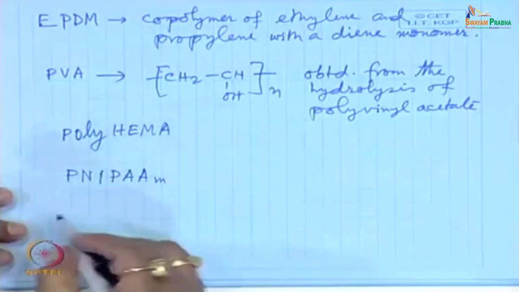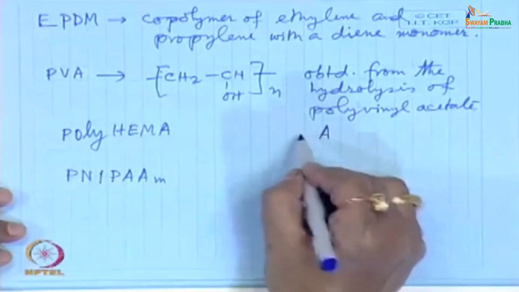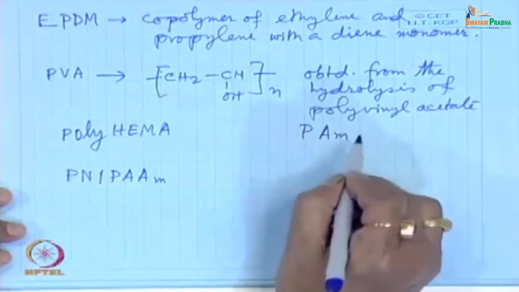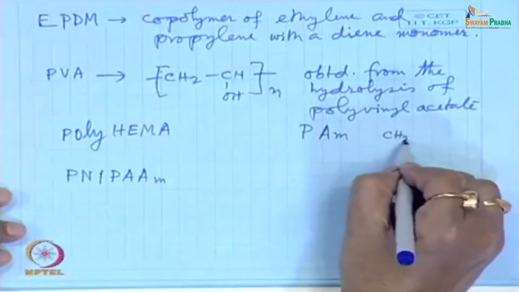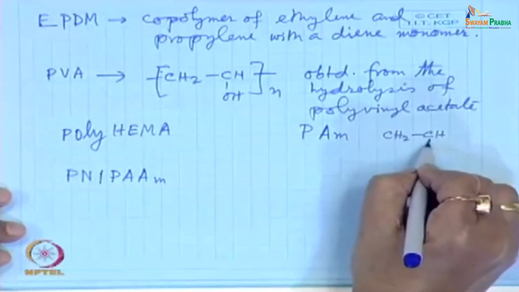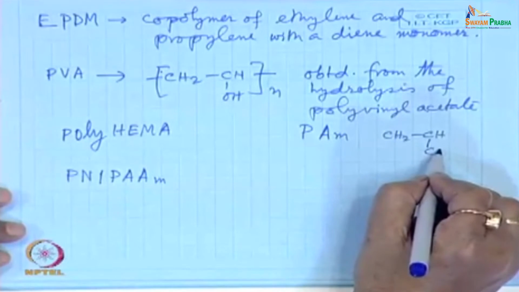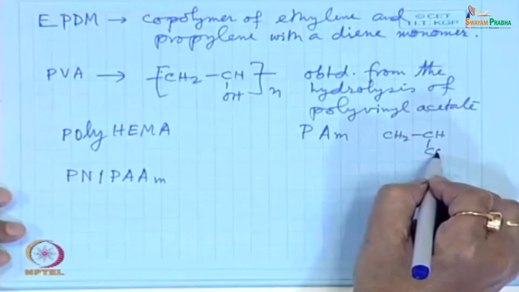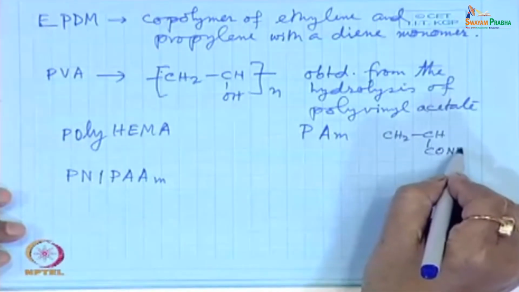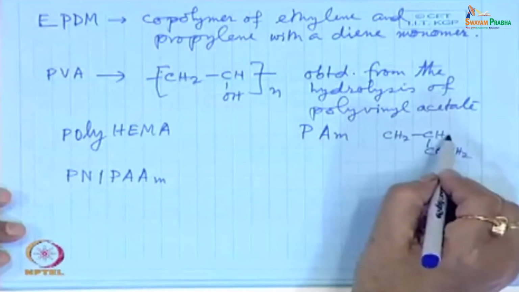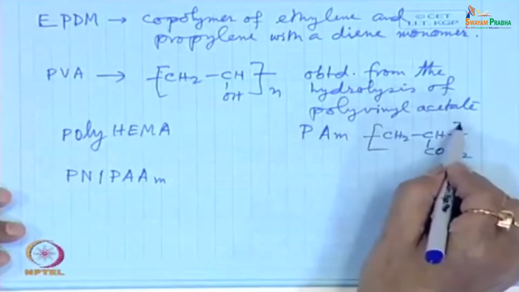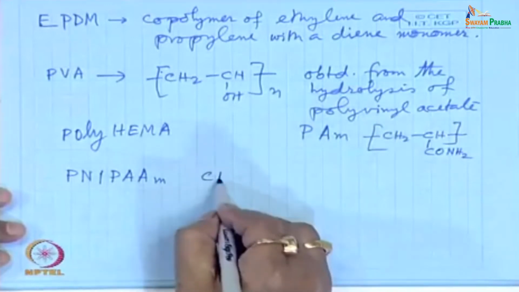Poly N isopropyl acrylamide. Before that, you see what is acrylamide? Polyacrylamide, PAM, acrylic acid, CONH2, polyacrylamide. So, here also you write down this formula.